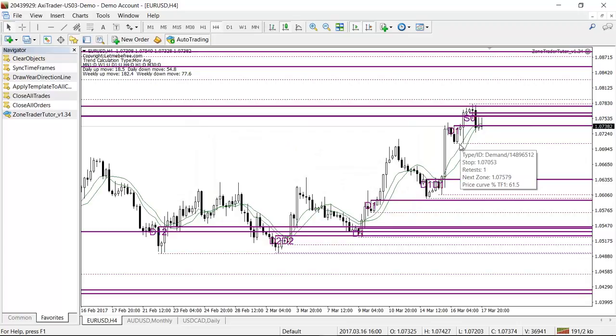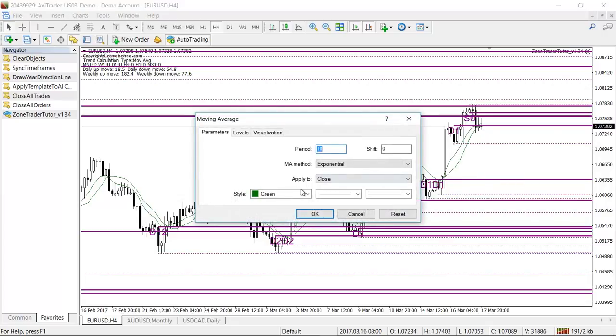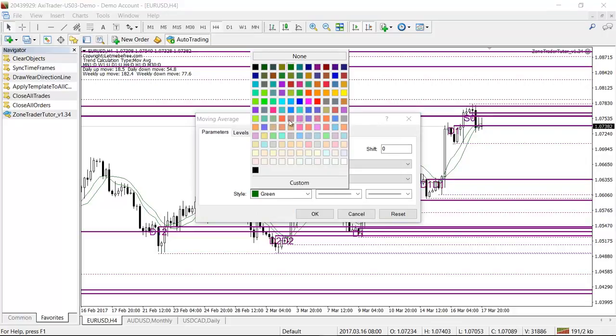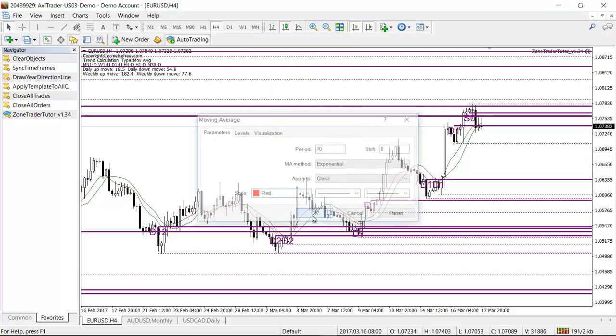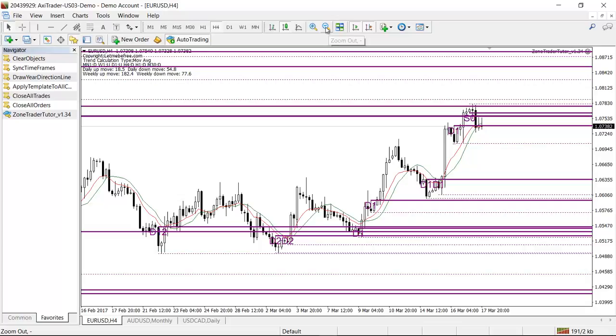Oops, I'll set that to a different colour so it's pretty obvious what's going on. It's 12, that's the 10. That to, let's say red, fast. Make it a little bigger for you to see.